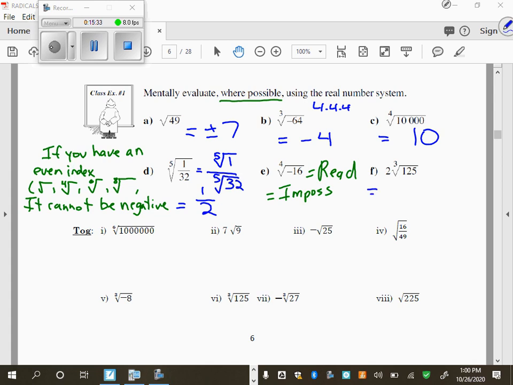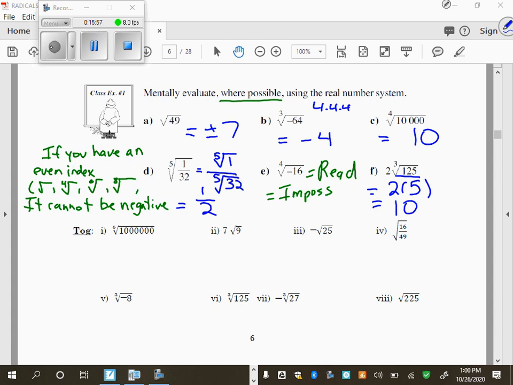F, a number out in front means 2 times. First time we've seen, anybody know what the cubic root of 125 is? What number multiplied by itself 3 times equals 125? 5 is correct. 5 times 5 is 25. 5 quarters is $1.25. And now you have to go here.